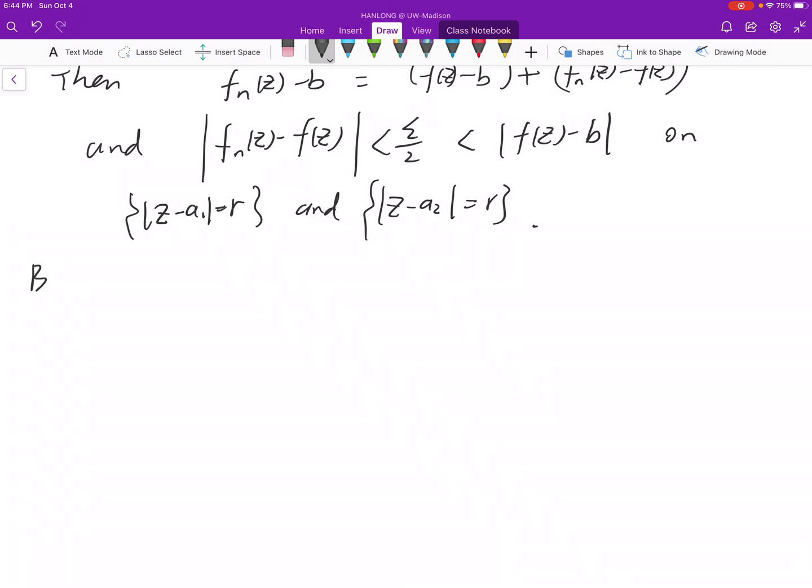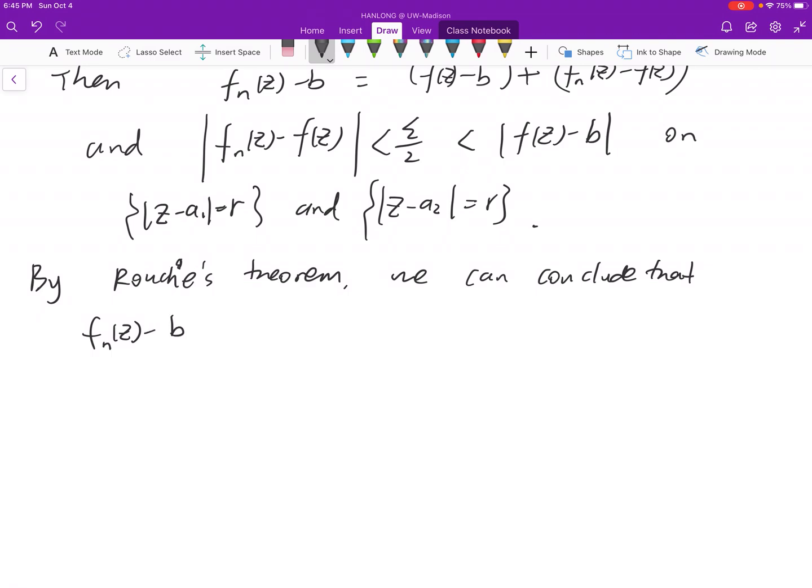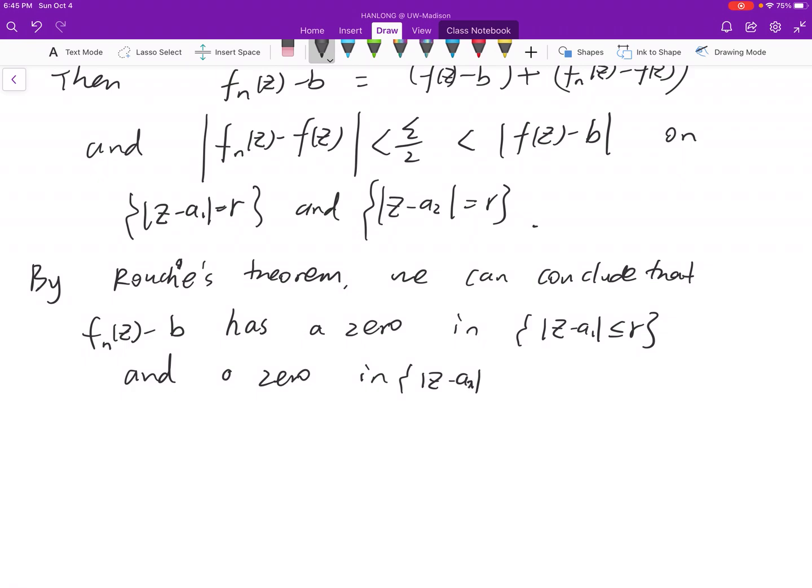Okay, then by Runge's theorem, we can conclude that fn(z) minus b has a zero in |z minus a1| less than r, and a zero in |z minus a2| less than or equal to r.